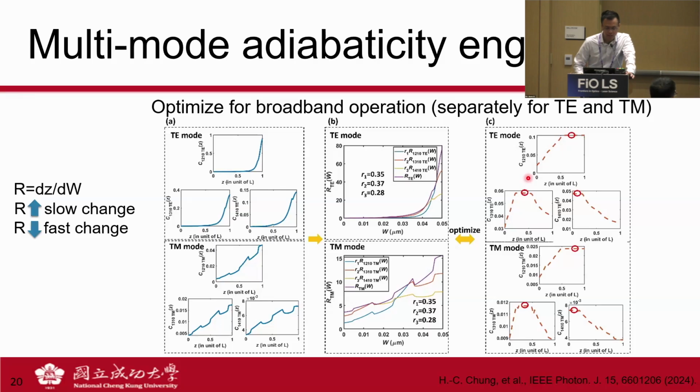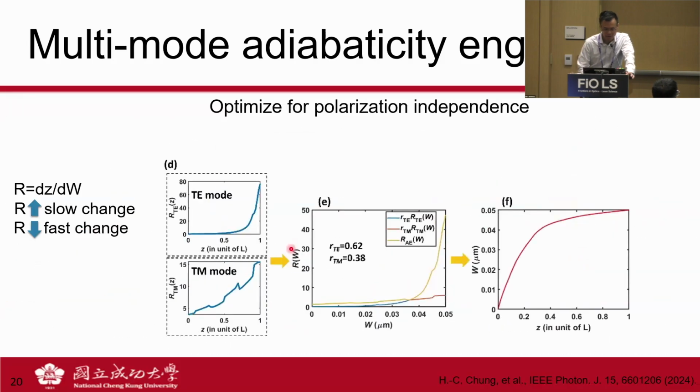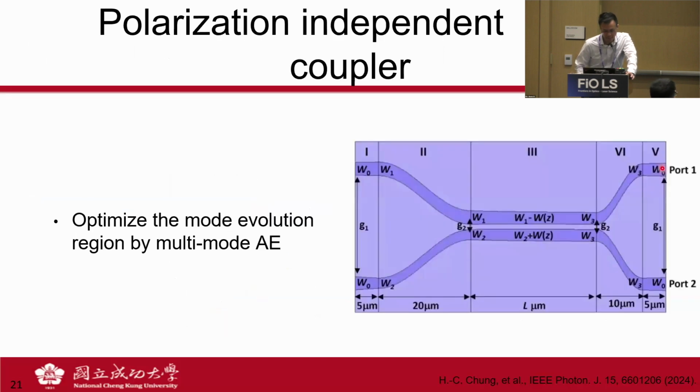And we can also do that for different polarizations. We just apply the same idea. We calculate the optimum distribution for different polarizations, and we stack them up. And again, we come up with an optimal design for polarization independence.